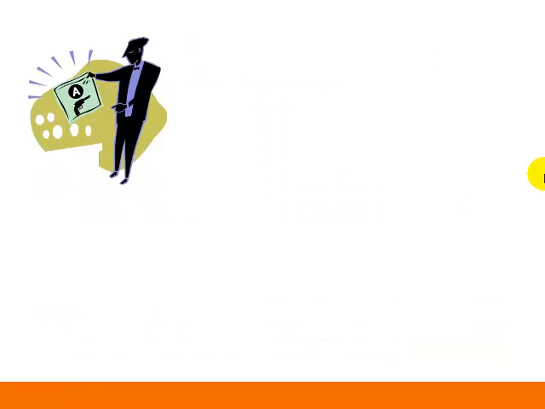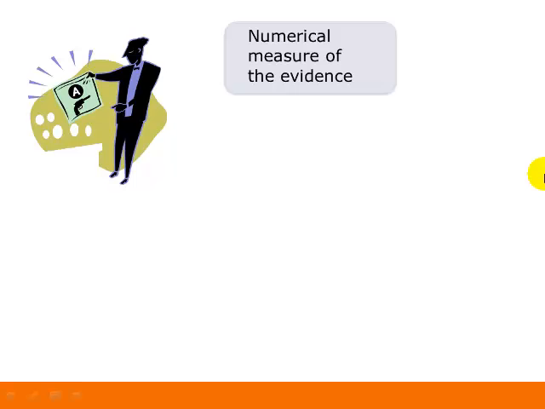So here's our class, listening to all the evidence, all the testimony. How are we going to determine what verdict to give? If we could find some way of coming up with a numerical measure of the evidence, that would really help. From what we know of statistics, we could take that numerical measure of the evidence and find the relative position for that in some probability distribution.